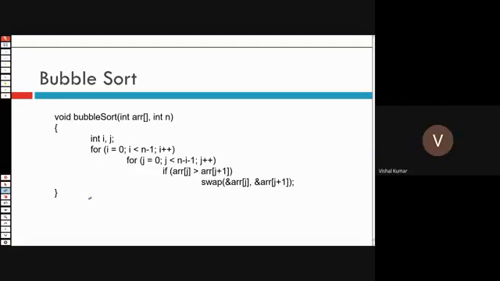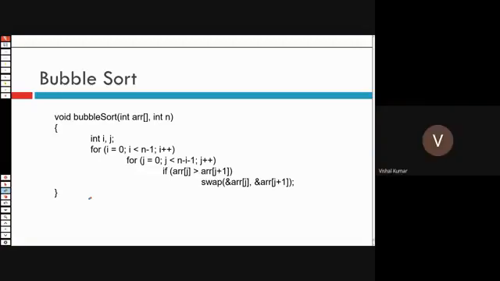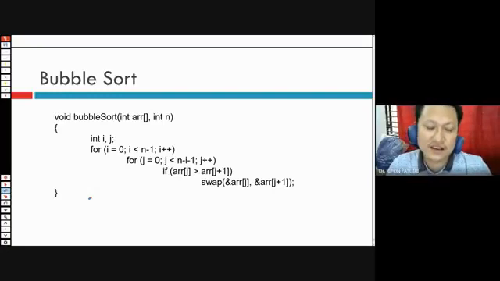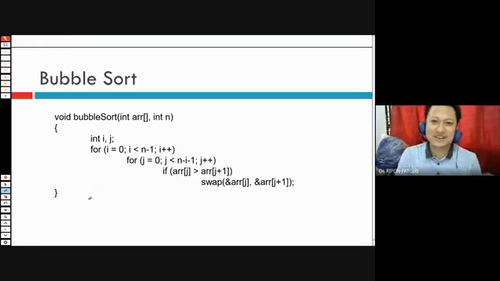Sir, in Python we have an inbuilt function to sort the array. So what is the time complexity? That's why you need to know, you need to write some code in C. Otherwise, you will not know what the time complexity of that Timsort algorithm is.